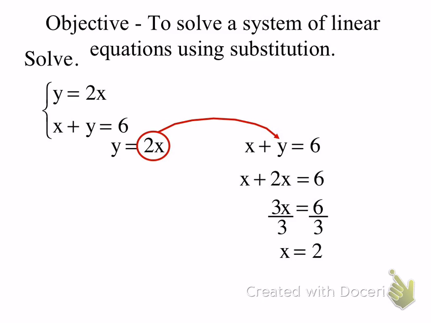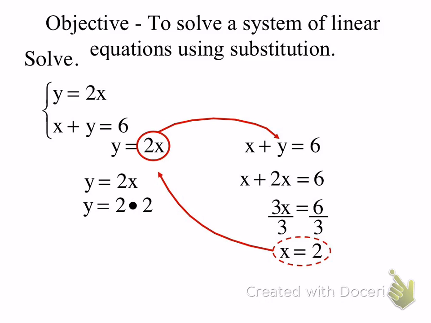Okay, x equals 2. Once I know that x equals 2, I can figure out what y equals. We're writing this whole example. I substitute into either original equation, either one. Which one looks easier to substitute in for? y equals 2x. So we substitute in there, and I get y equals 4.